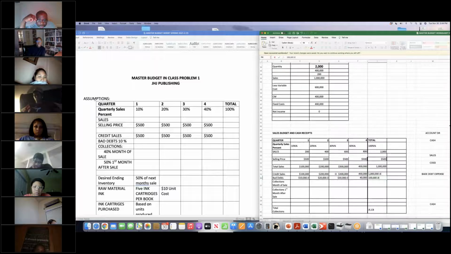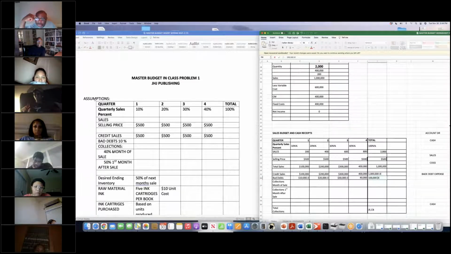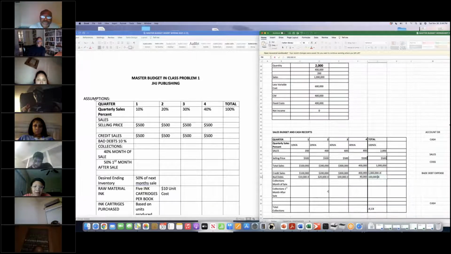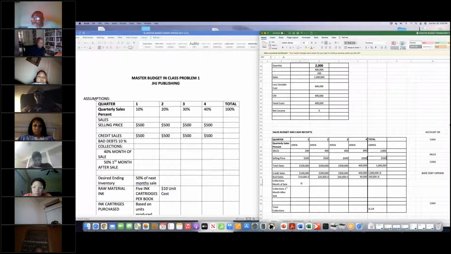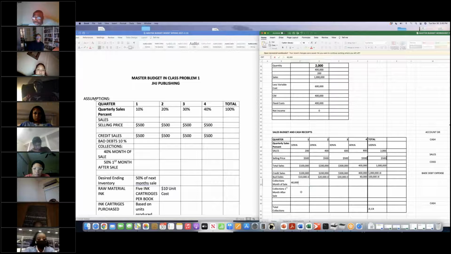Now, our assumptions are that we collect 40% in the month of sale and 50% the first month after sale. So that's the only little change in here. So when we sell 100,000, how much of this 100,000 are we collecting? 40,000. We're getting 40%. When are we going to get the other 50%? Quarter 2.